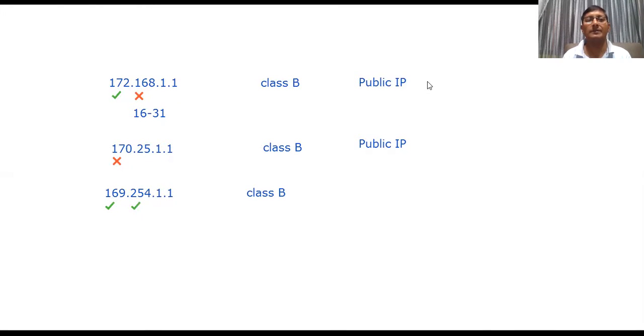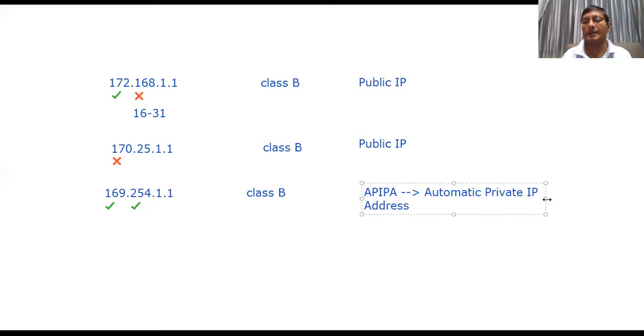If you find any value in that range, we call it an APIPA IP address. APIPA is nothing but Automatic Private IP Addressing.